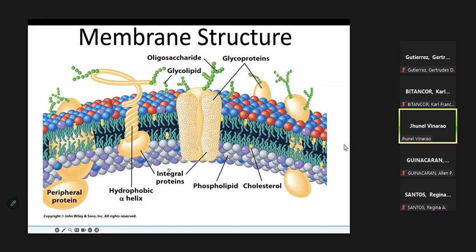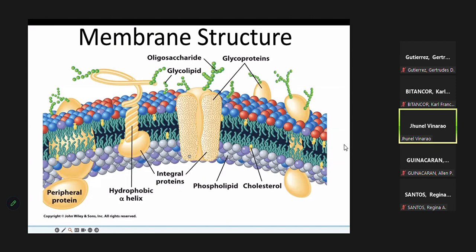Remember that integral proteins have a membrane spanning domain. This means they have a region parallel to the non-polar tail of the lipids, and they also have polar regions facing extracellular and facing intracellular.